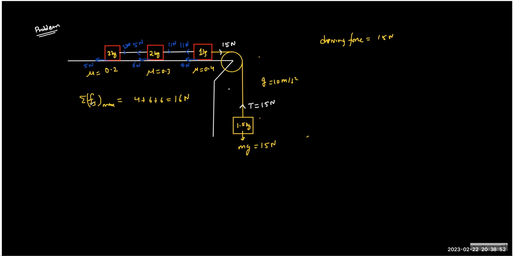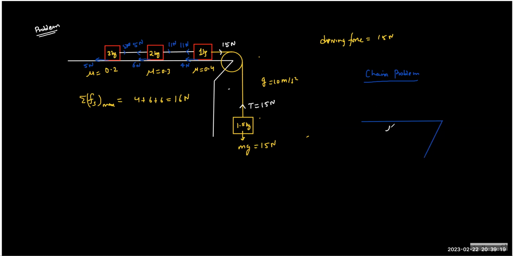And the last question is the chain problem, which is very, very crucial, important. So, okay. Imagine there's a table, and we have a chain.